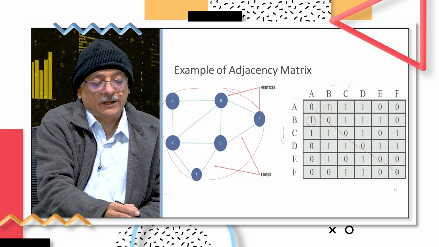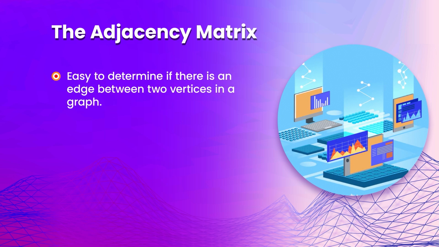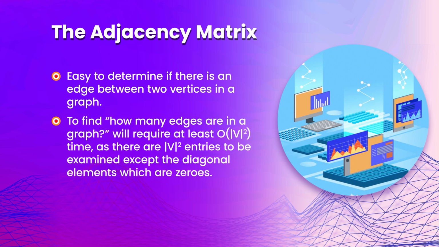It is easy to determine whether an edge exists between two vertices in a graph or not. So, we can easily determine whether there is an edge between a particular pair of vertices. To find how many edges are in the graph, we require at least order of V square time, as there are V square entries to be examined, except the diagonal elements which are zeros.